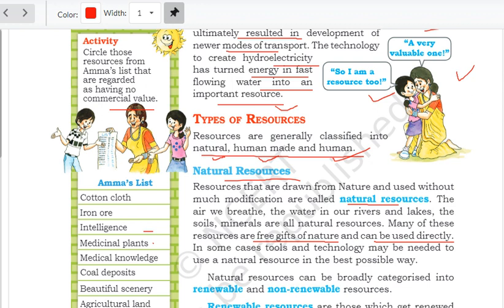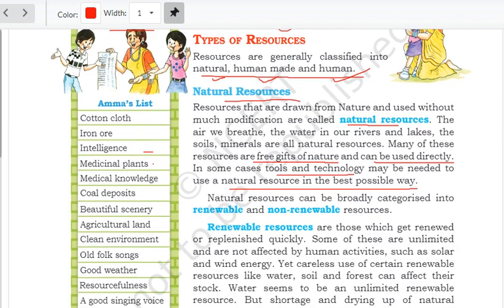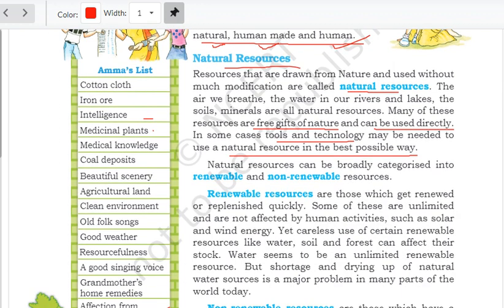In some cases, tools and technology may be needed to use a natural resource in the best possible way. Take, for example, extracting coal or iron ore.